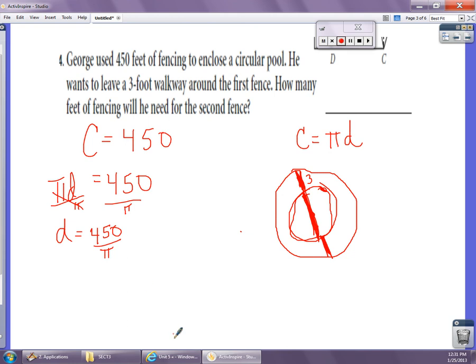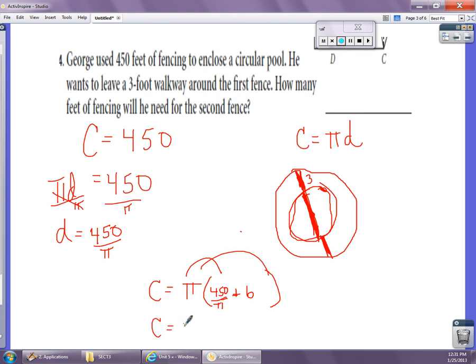So the new diameter of the fence we want to find out is pi times, and the diameter is going to be 450 over pi, but then we have to add the 6 extra feet, which was the walkway. Well, now let's just go ahead and solve this right here. So let's distribute the pi.